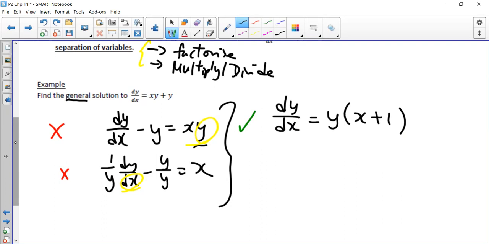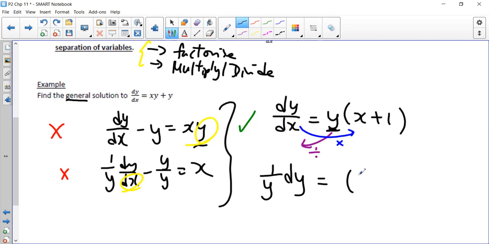So the y, I'll explain first of all, the y has to go on the left side, okay? And the dx has to go on the right side. So let's focus on the y first. If I want to make a y to the left-hand side, I'll need to divide. If I want to make a dx to the right-hand side, I need to do times. So when I divide the y to the left-hand side, it becomes 1 over y dy equal, on the right side, when I multiply dx, it becomes x plus 1 dx.